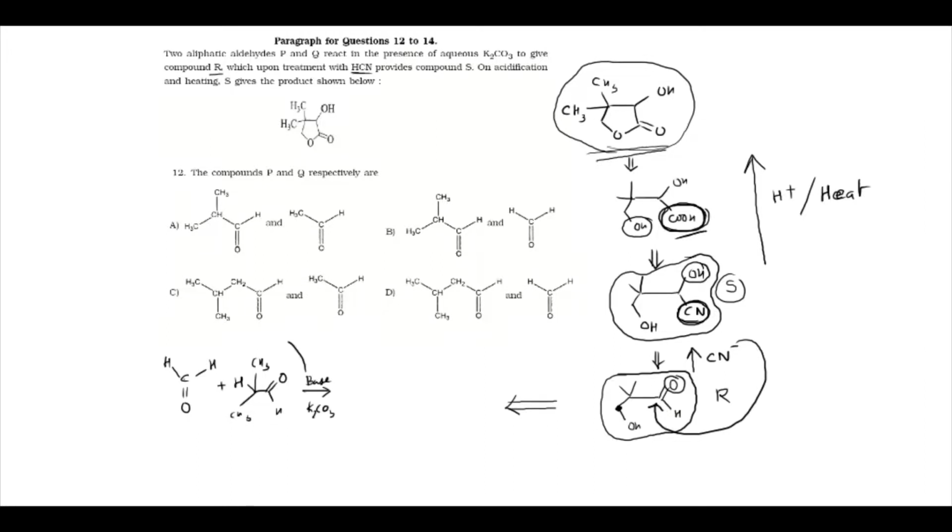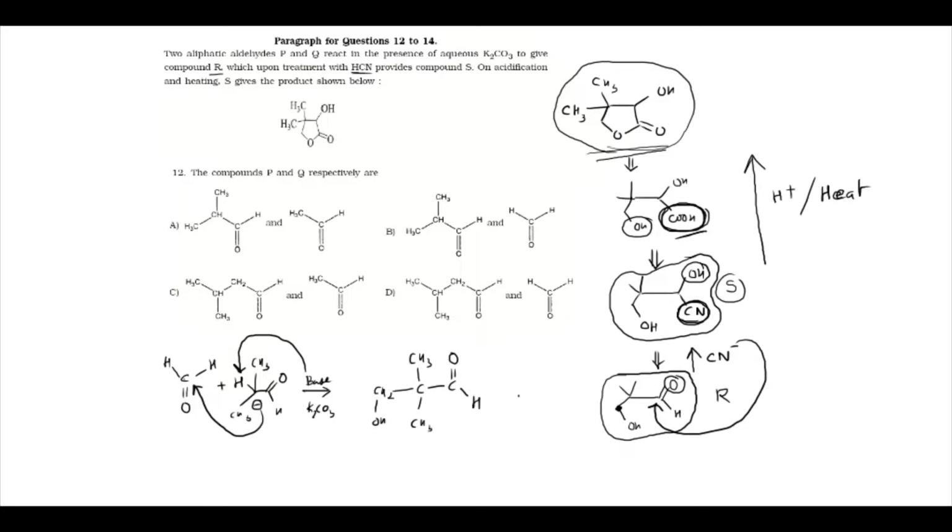So the base will take this proton and the negative charge so formed will attack this carbonyl center, and the product we know is CH2OH, C, CH3, CH3 and CHO. Which means our R will be like this.